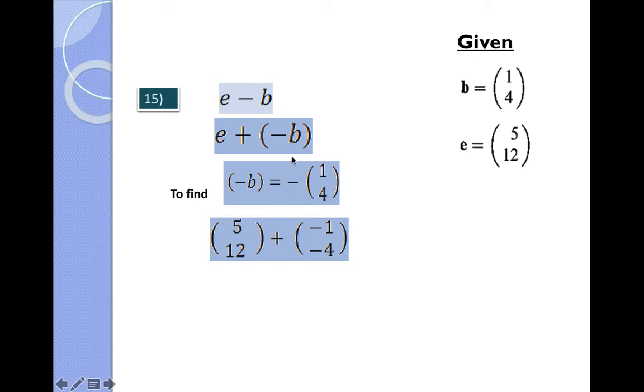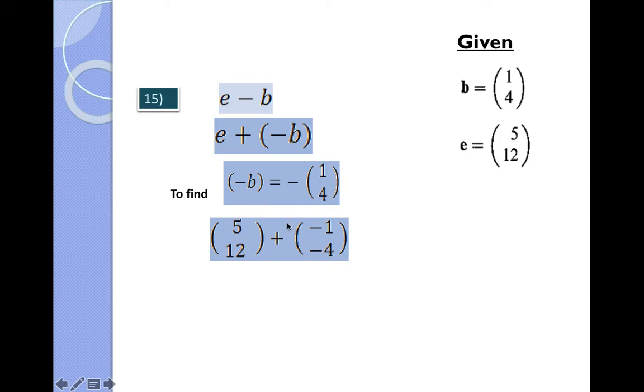So for subtraction of vectors, you add the negative of vector b. Your vector b's components are positive, but when we took the negative of b, the x component became negative 1 and the y component became negative 4.